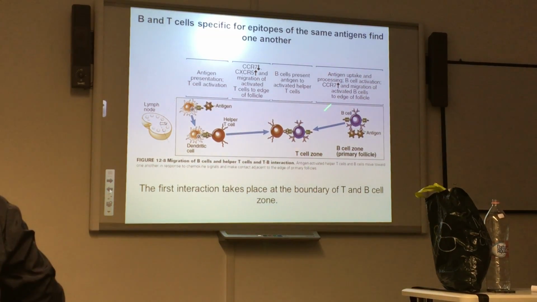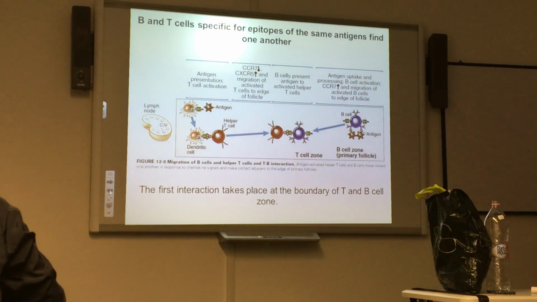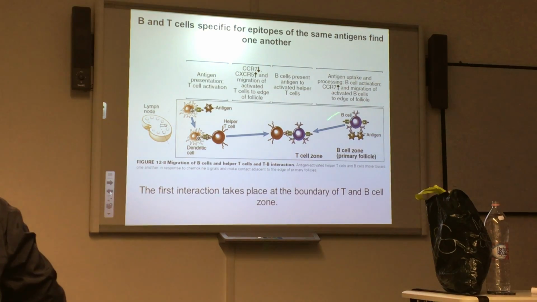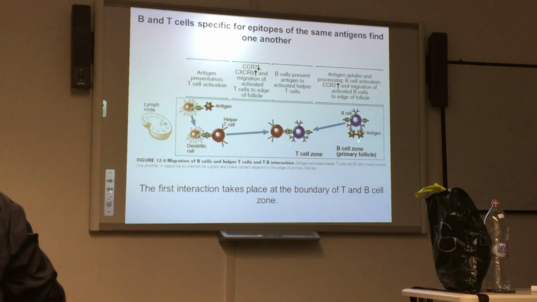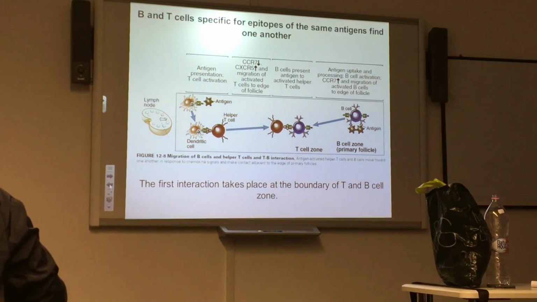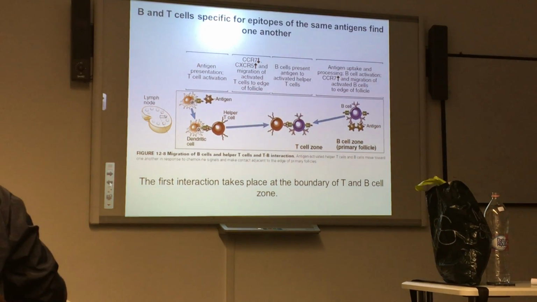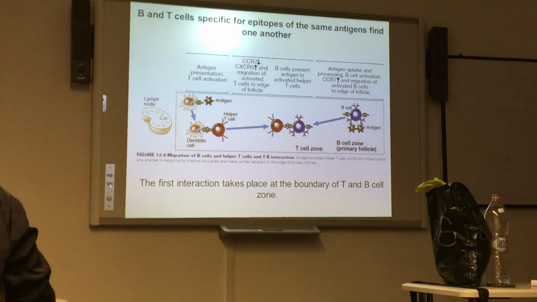In the edge of the follicle, in the primary follicle, first B cells are activated by antigen, which localizes on the surface of FDCs, and also T helper cells are activated by the dendritic cells, which enter the lymph node and came from the peripheral tissues.